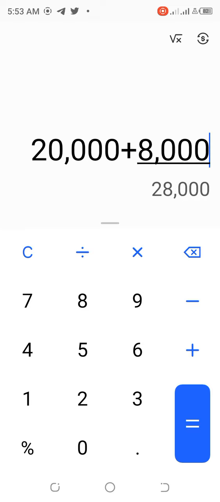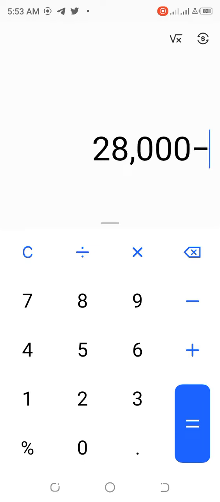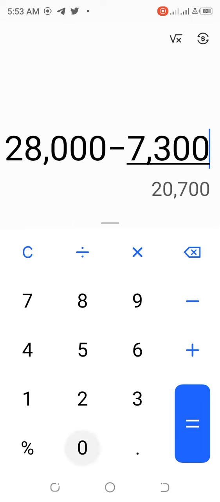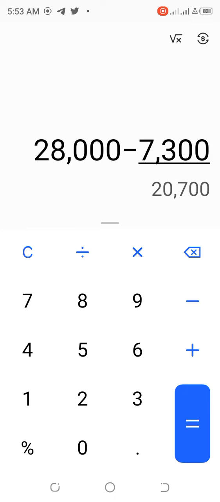So this is 7 times. So you minus 7,300, and you will be left with 20,700, 200 million. What a great profit in a year.